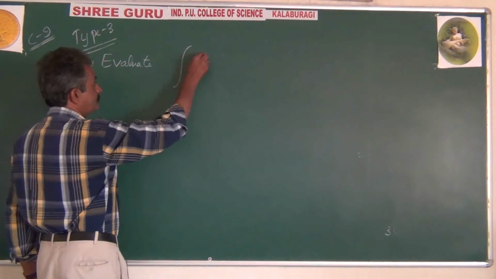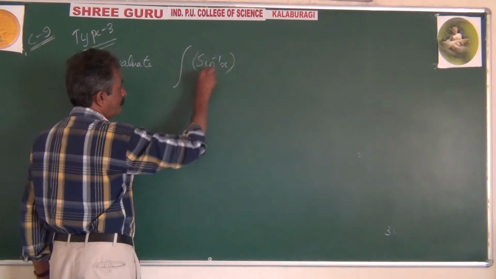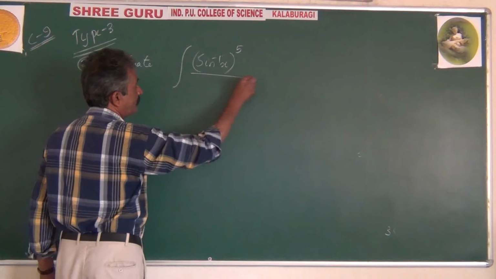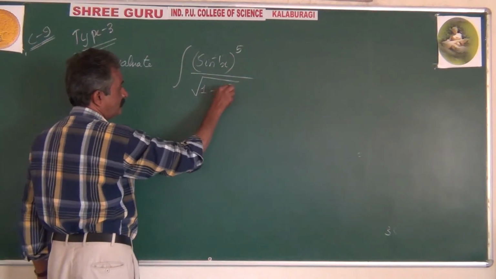Evaluate the integration of (sin inverse x) to the power 5 divided by the square root of 1 minus x square dx.